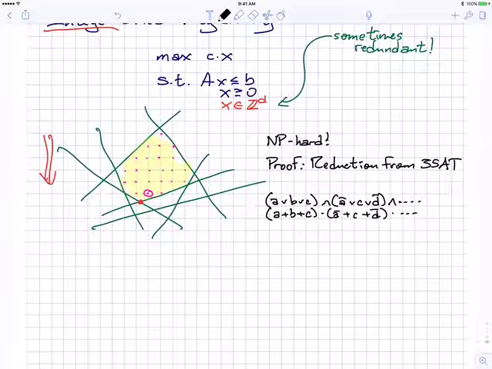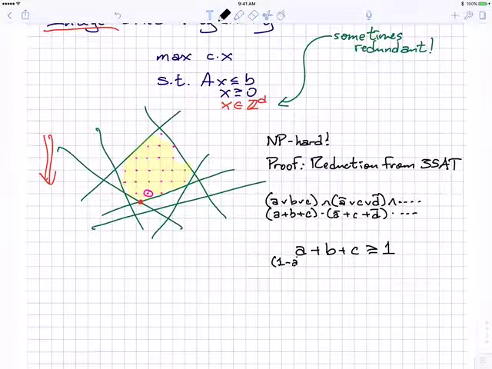How do I write that down? Yeah, so A plus B plus C is at least 1. What do I do for A bar plus C plus D bar? Right, so NOT is the same as 1 minus. So I'm going to write down (1 minus A) plus C plus (1 minus D) is at least 1.